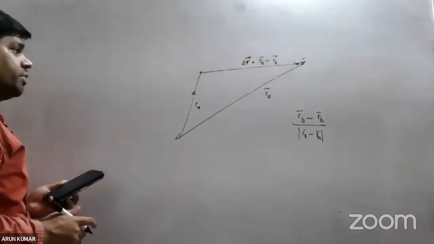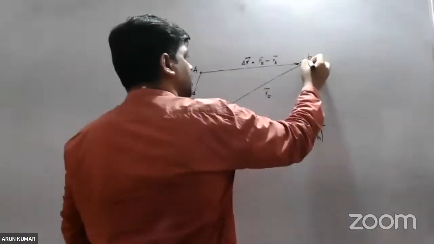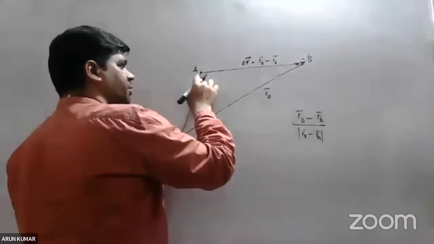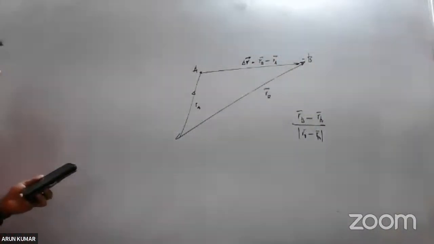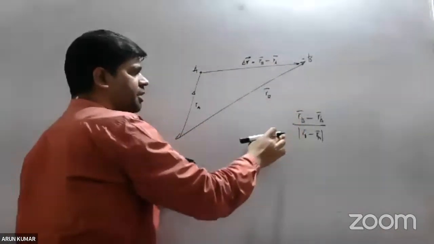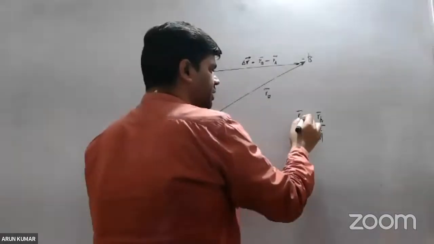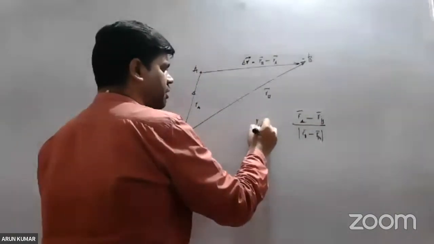Now velocity of B with respect to A. This is A, this is B. Velocity of B with respect to A should be directed from B to A. This vector is from A to B, so the vector from B to A would be RA minus RB.